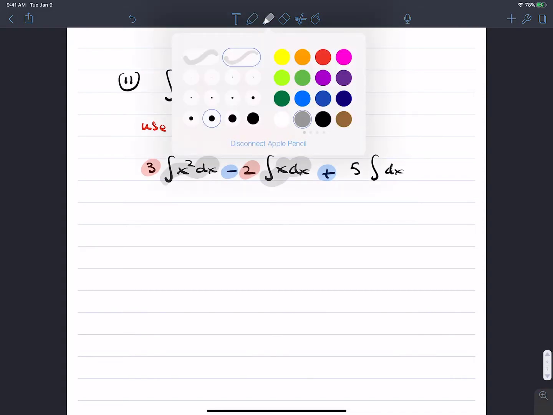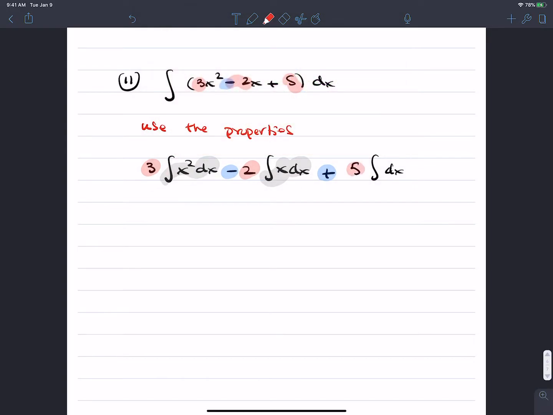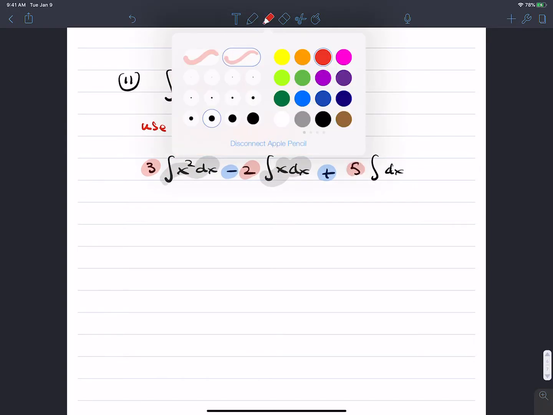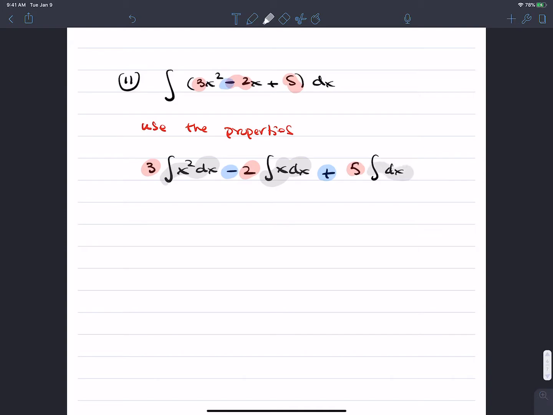So I'm going to have a constant, and yet I still have to find that last what? Integral, dx. So this is visually what I see happening here, okay? It just stands out to me, all the properties here. And then, what do we do here? We need all those antiderivatives, right?